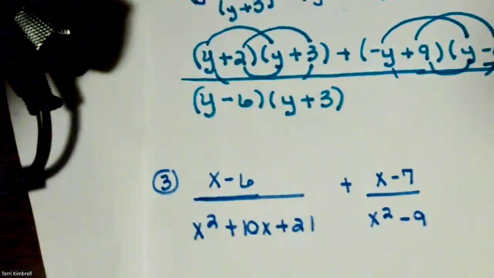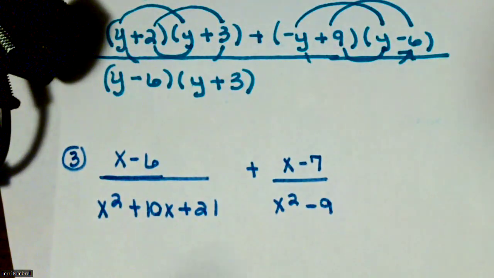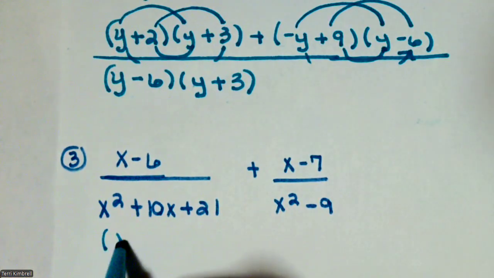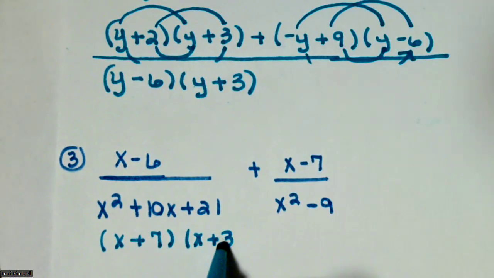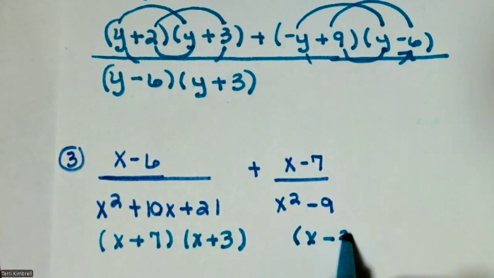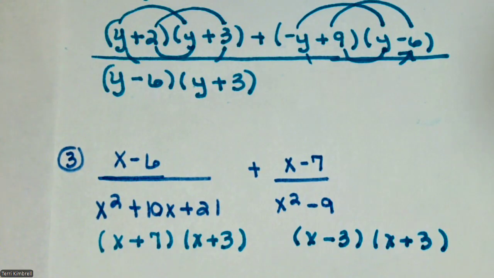Okay, the last one would be the most difficult. So with the last one, before you can get a common denominator, you have to factor them. So it does need to be factored before you can do that. So multiply to get 21 and add to be 10 would be 7 and 3. This would be a difference of 2 squares, so x minus 3, x plus 3.